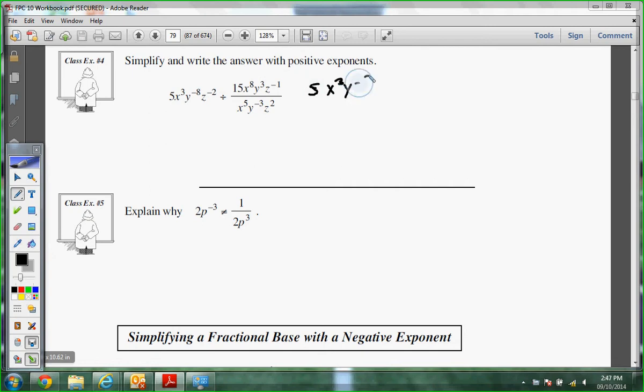So I would go 5x3 y negative 8 z negative 2 times x5 y negative 3 z2 all over 15 x8 y3 z negative 1. And now I'm going to go ahead and multiply the top, and then I'll do the quotient.